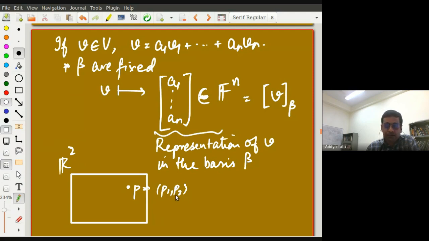And by default, we have always been assuming that this first number is the x coordinate, the second number is the y coordinate. But in principle, there is nothing special about this choice.